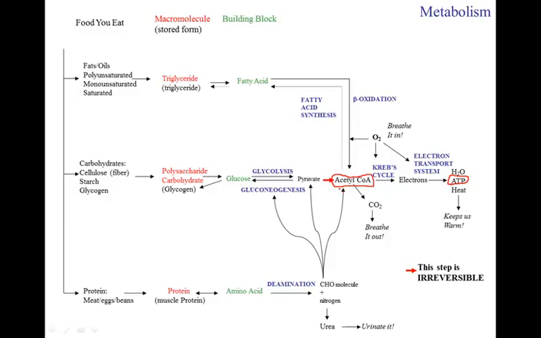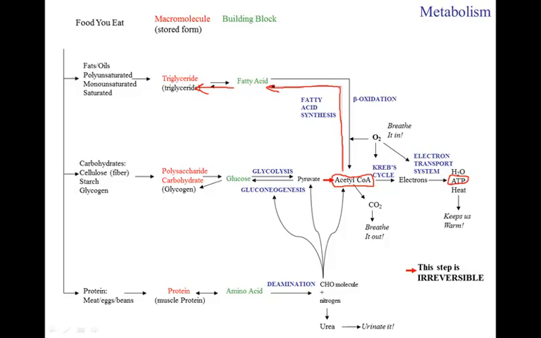But we tend to generate a lot more acetyl-CoA than we need to generate ATP because we eat more than we need energy for. So when acetyl-CoA builds up in the cell and energy is not needed, it is stored this direction. It is converted back to a fatty acid, which is stored as triglycerides in your adipose tissue.